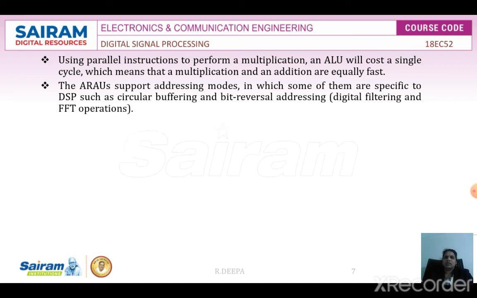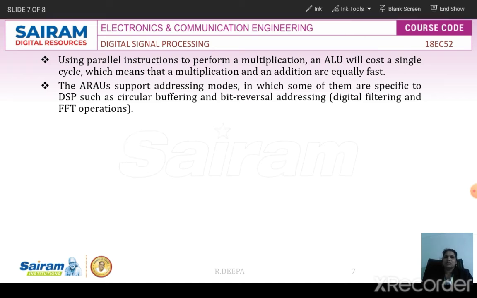Whenever you are doing parallel instructions, the ALU helps in the multiplication process, and it costs a single cycle, which means that multiplication and addition are equally fast; with the same speed we can do both operations.